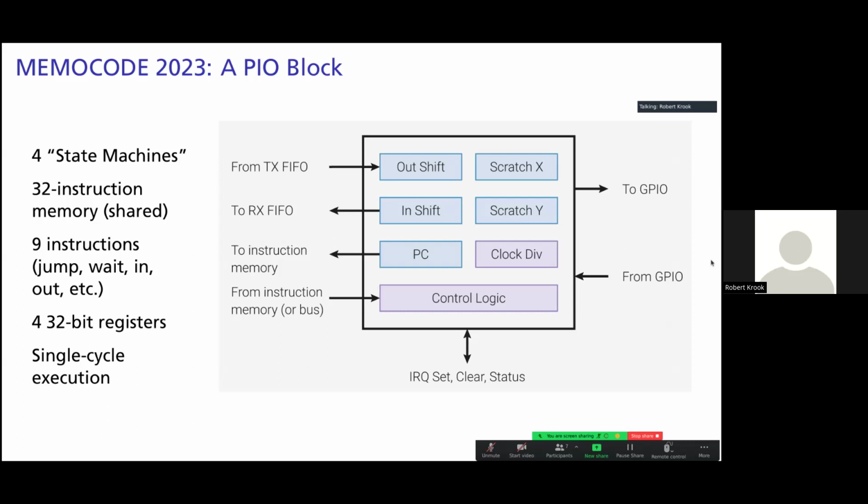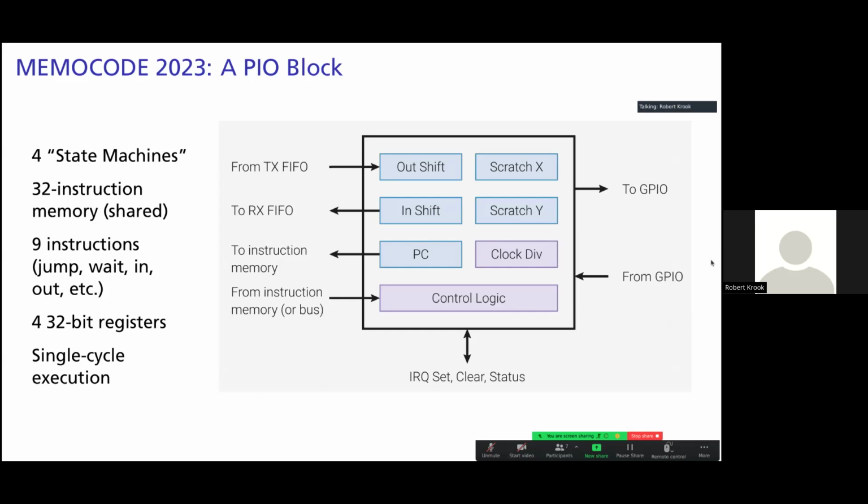These things are fun. They are stored program computers. They call them state machines because they try to emphasize that they're very primitive. Each PIO has 4 independent state machines. They each share 32 instructions. This is not 32K of instructions.